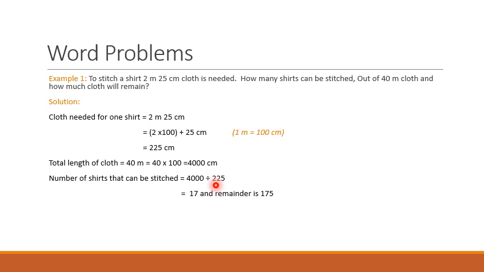When you divide this, you will get 17 as quotient and the remainder will be 175. So this means the number of shirts that can be stitched is 17 and the remaining cloth is 175 centimeter, or if I convert it into meters and centimeter, it will be equal to 1 meter 75 centimeter. So in this way we can obtain how many shirts can be stitched.